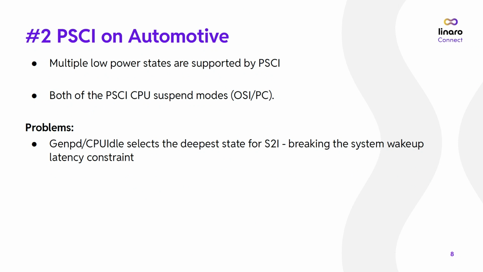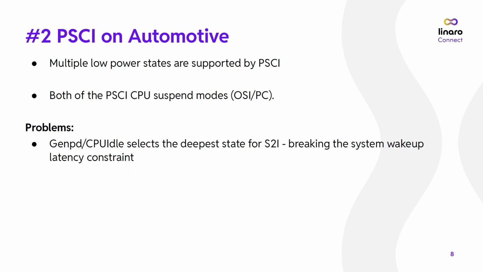The way this works today and is modeled in the kernel is that CPU-idle and GenPD, the generic power domain framework, collaborate a little on how to select states. If it's only the platform-coordinated mode, it's only CPU-idle that selects the state, but during suspend-to-idle it selects the deepest states, and that breaks the system-wide wakeup latency constraints.